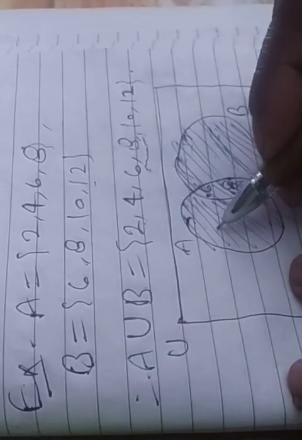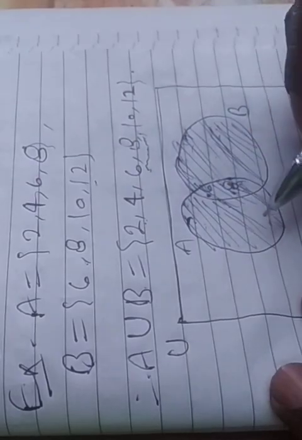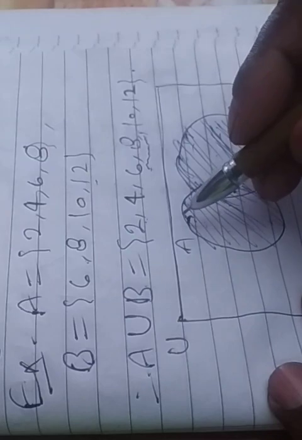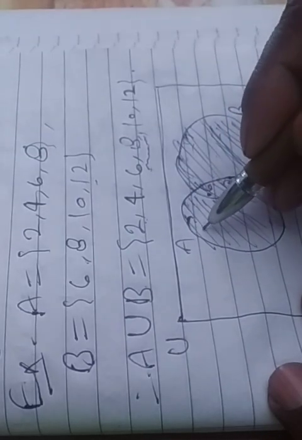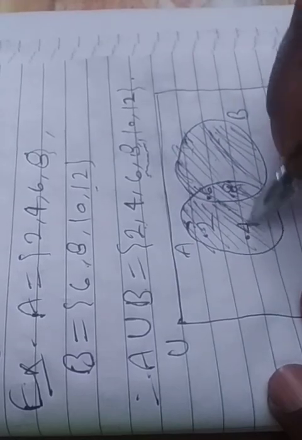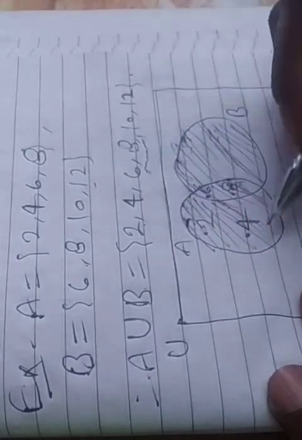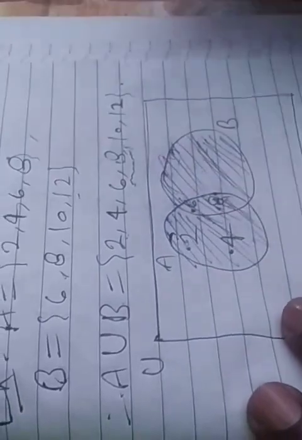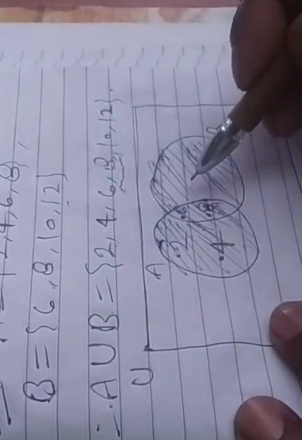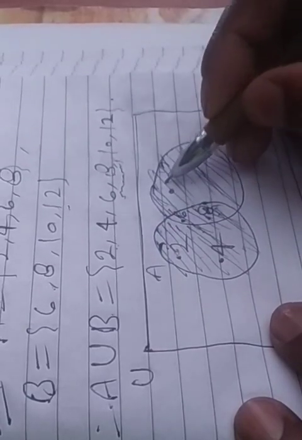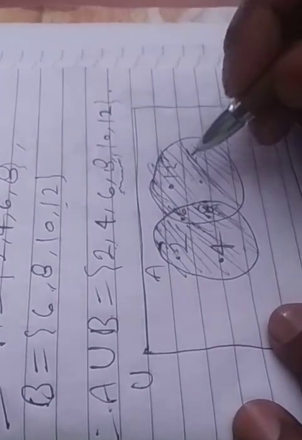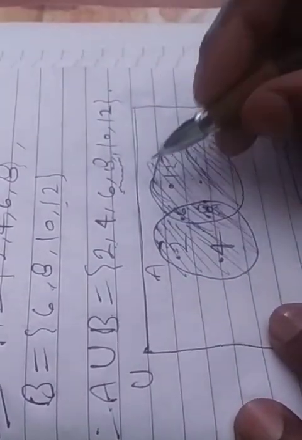In set A there are 4 elements, 2, 4, 6 and 8. Similarly in set B there are 4 elements, 6, 8, 10 and 12.